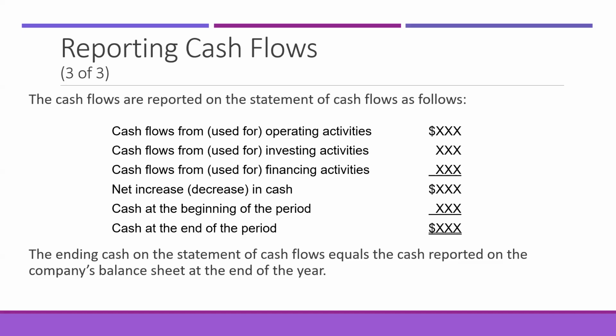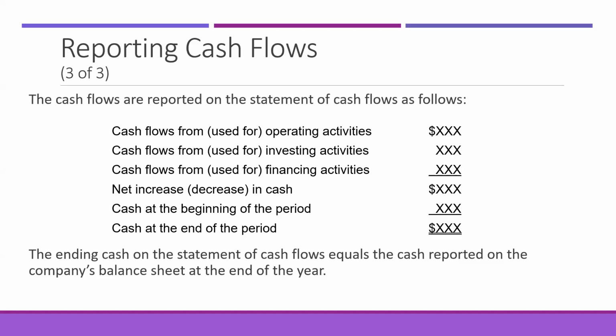And you need to add up all of these three cash flows and you get net increase or decrease in cash, and make sure that that is the same as the actual net increase or decrease in cash on the balance sheet. It's the ultimate cheat sheet to make sure that your answers are correct, because if it's wrong, you're missing something. Or there's a positive where it should be a negative.